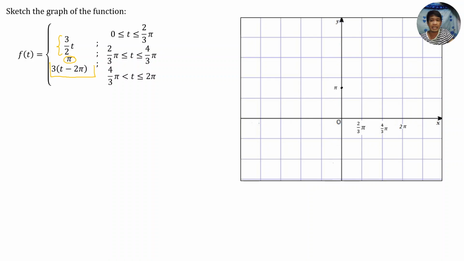So, yung first interval natin from 0 up to 2/3 pi. So, iaano lang natin yung 3 halves of t, for t is 0, for t is 2/3 pi.